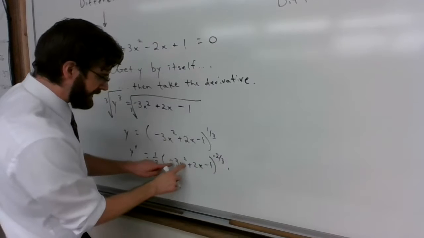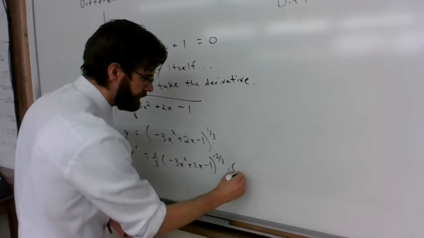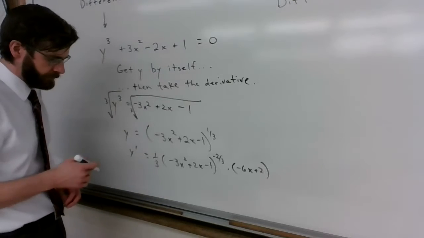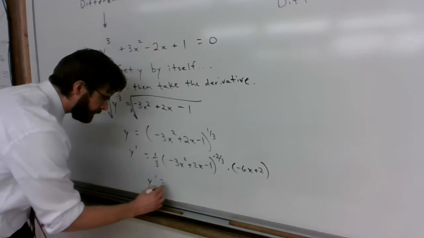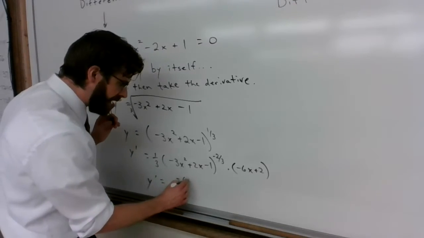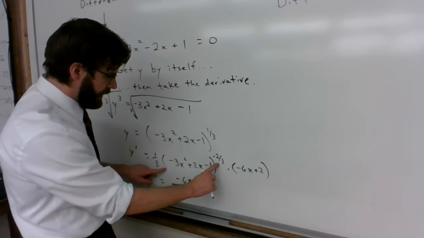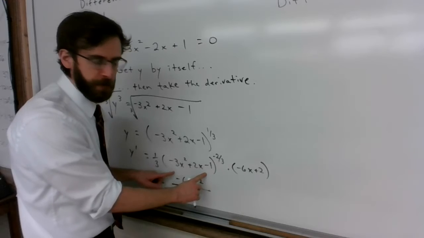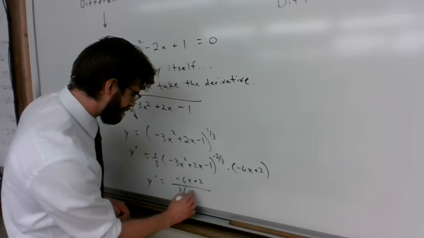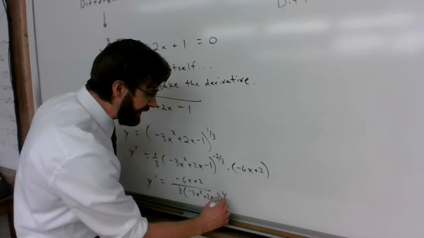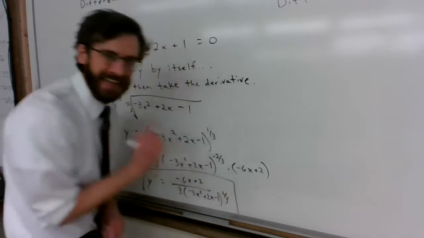So that'd be times negative 6x plus 2. So then that would be negative 6x plus 2 divided by 3, this function to the 2/3 power. And that would be us taking the derivative explicitly.